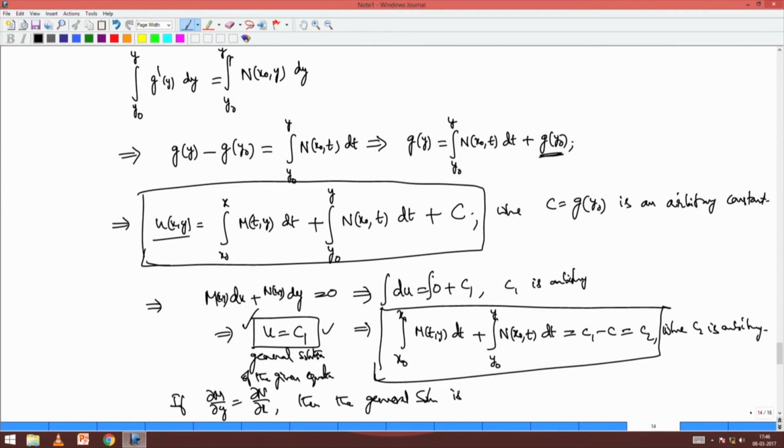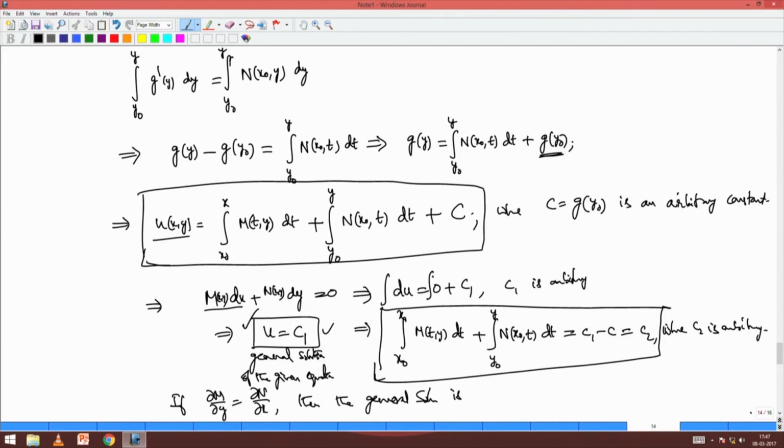How we get it: in m, you keep y as it is and integrate only with respect to x, keeping y as a variable. Whether y is there or not, you simply integrate the term involving the coefficient of dx, that is the term m, with respect to x from some x naught to x, definite integration. In practice you can fix your x naught, y naught as 0.